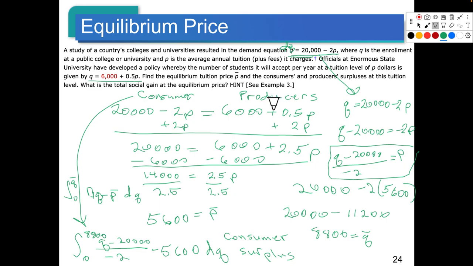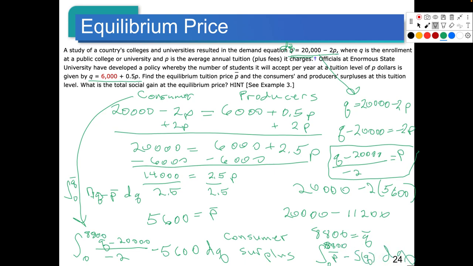You'll do the same thing for the producer surplus, except again you're going to have to solve it for P. But just remember on the producer side, it's going to be P bar, we're actually giving a little bit extra, minus the supply function of Q. And again, it goes from 0 to Q bar, 8,800, dQ.